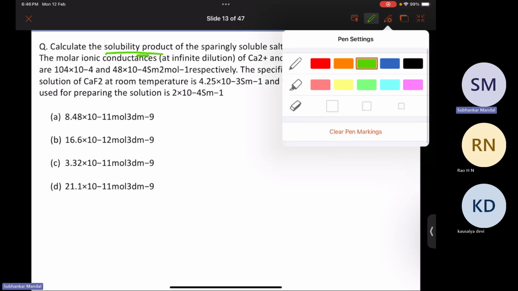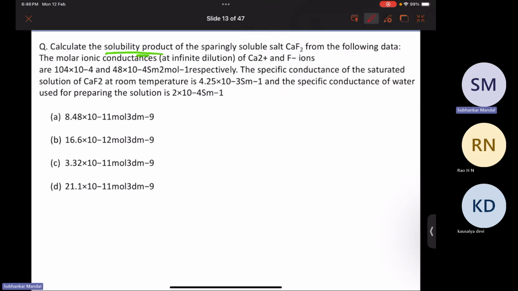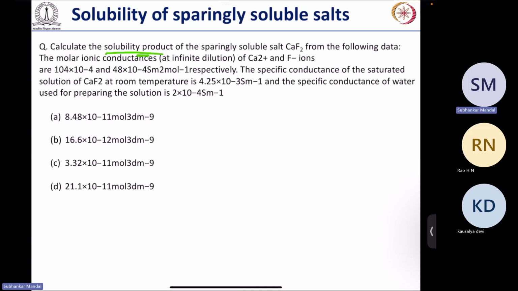There they had given the concentration and all these things. Here there is a different type of reaction, and you have to calculate from the conductivity value how we can measure the solubility product. We can read the question.